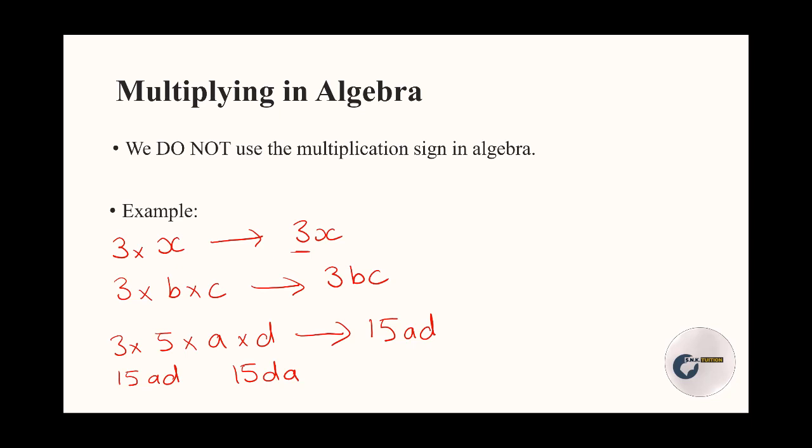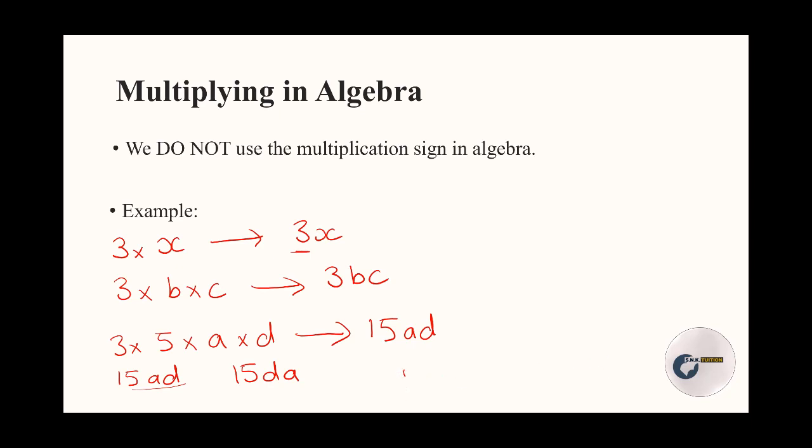It's important to note that these two are the same thing, and it's important you keep them consistent in your calculation. So if you choose to write it as ad, or if the question says ad, you must use that same thing consistently. But these mean the same thing. It's the same as writing, just as 4 times 3 is the same as 3 times 4.